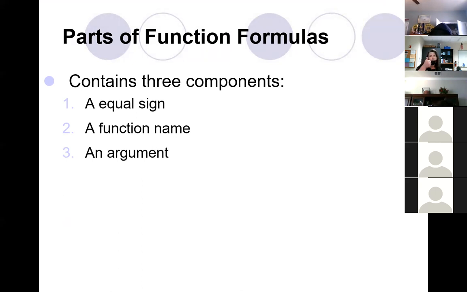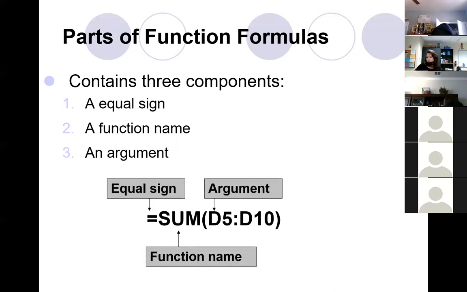The if function is what we need to be able to do our March Madness bracket with, okay? And then the argument is like the range, like B5 through E5, right? That's the argument. So equal sign, function name, argument. So whatever comes after the function name.